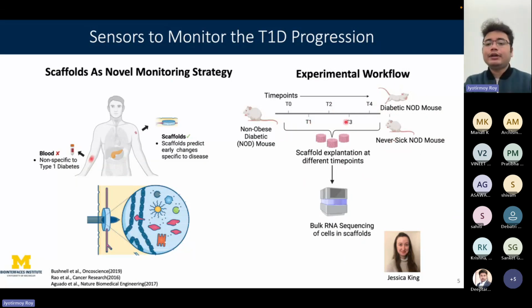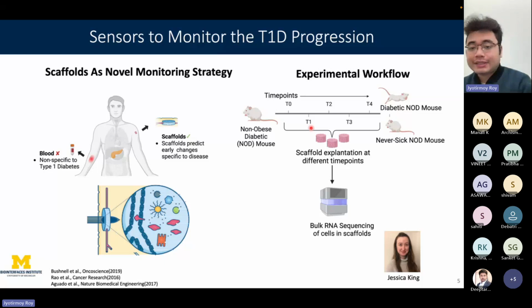And as you can see, T1, T2, T3 are 3 weeks before diabetes, 5 weeks before diabetes, and 7 weeks before diabetes. So now we have explanted scaffolds from these mice at these 5 time points. And at the end of the study, we had one group which had progressed to diabetes, and the group which had not progressed to diabetes.